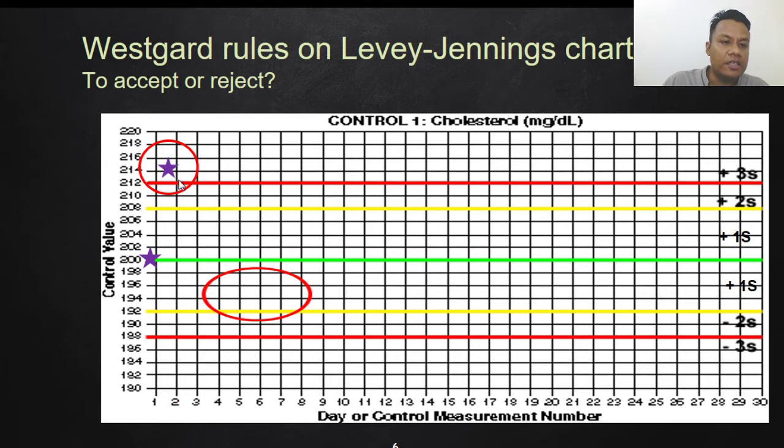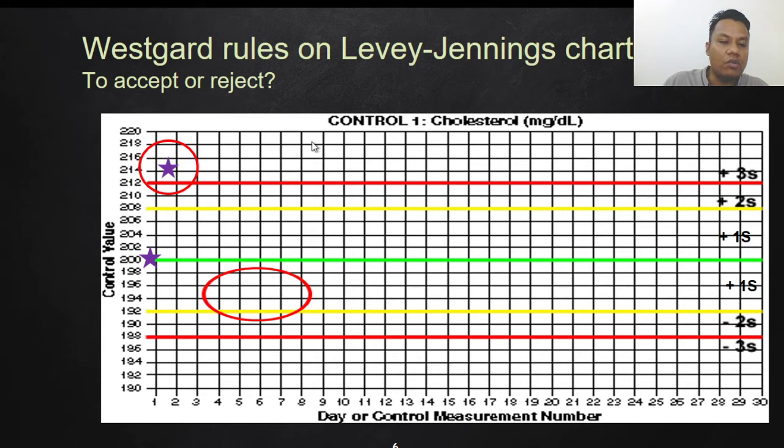The next day, somehow, when we perform it, the result of the QC is far from the expected value, the mean. So this is 1 standard deviation, 2 standard deviation, and 3S or 3 standard deviation.